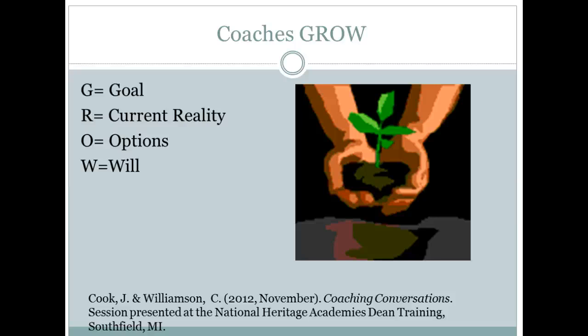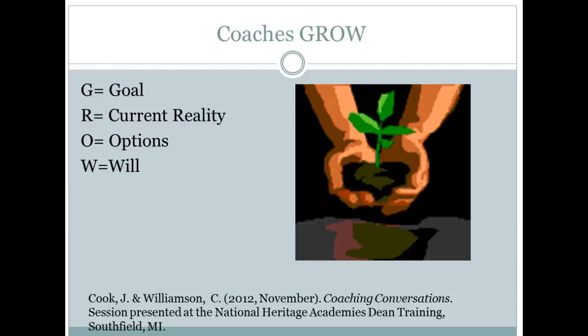For the reality, this step involves exploring the present situation to determine the current reality for the coachee and identifying any performance gaps preventing them from achieving the goal. For options, this step involves determining strategies and or actions that can be taken to meet the goal.